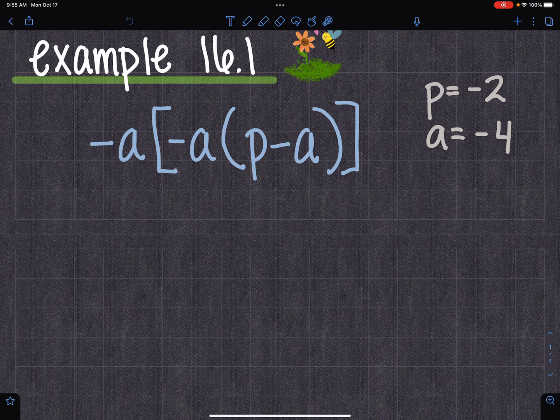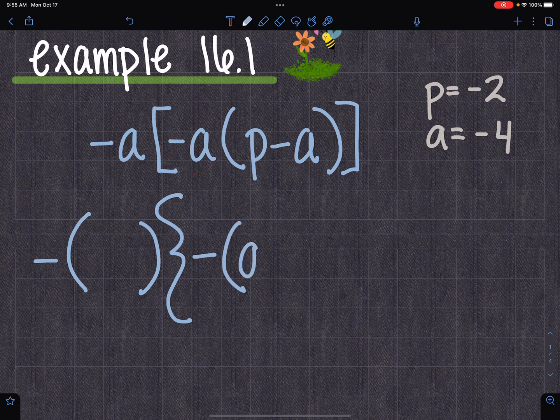I'm going to start with this part, and instead of -A, I'm just going to write negative parentheses. Just like that. Then I'm going to turn this bracket here into one of the big braces like that. Then, instead of this -A, I'm going to put negative parentheses. Whoops.